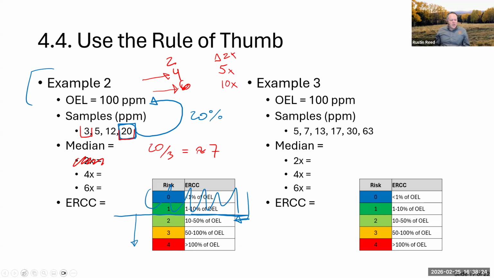Before I can do that, though, I need to find my median. So I look, and this time I don't have 5 numbers in my data set. I only have 4. What to do about that? Well, to find the median, we just find the middle of these two numbers. We have 5 and 12.